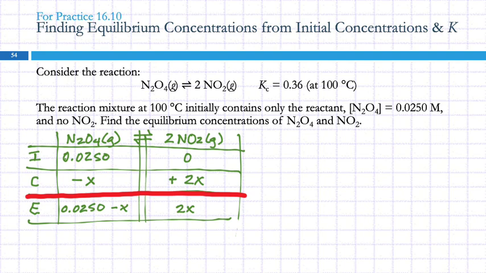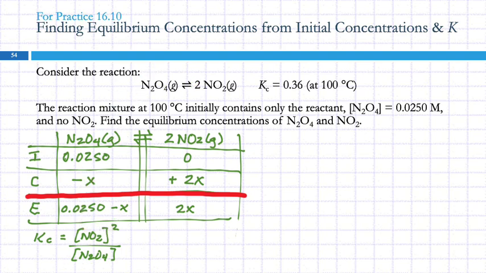I'm going to write the equilibrium constant expression. I think this is worth your time, just to make sure that you're not forgetting something when you're doing it in your head. So product is on top, coefficient is 2, the concentration is squared.